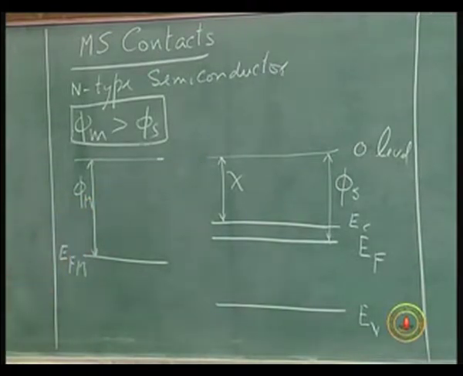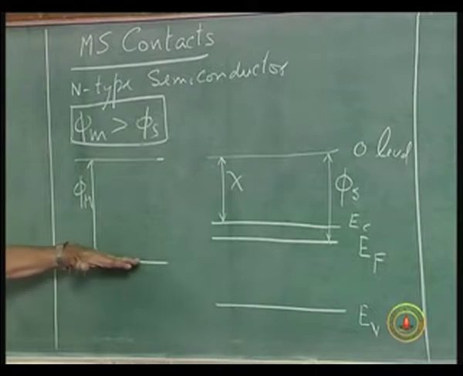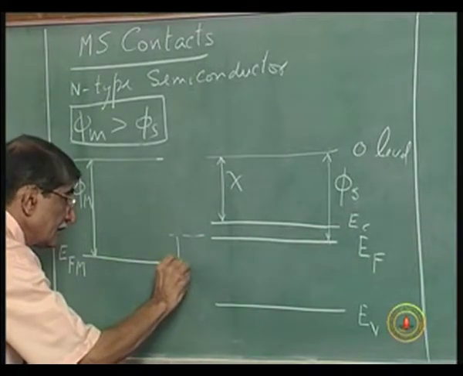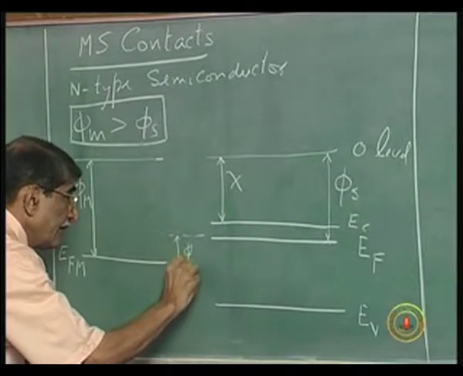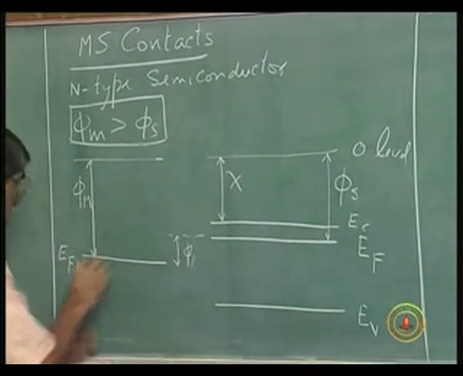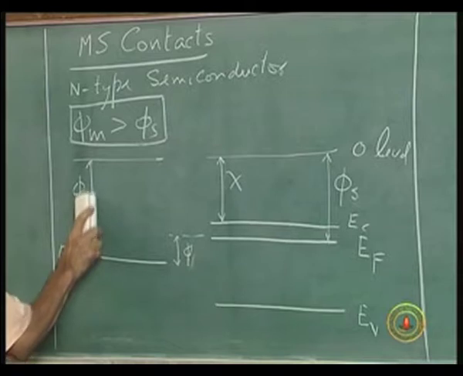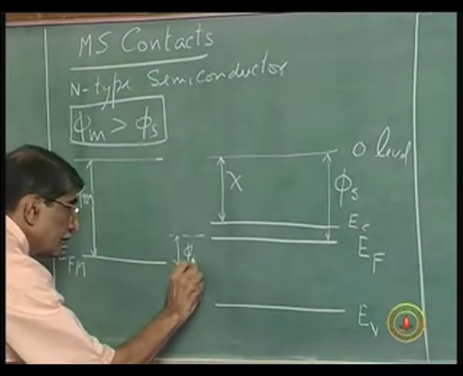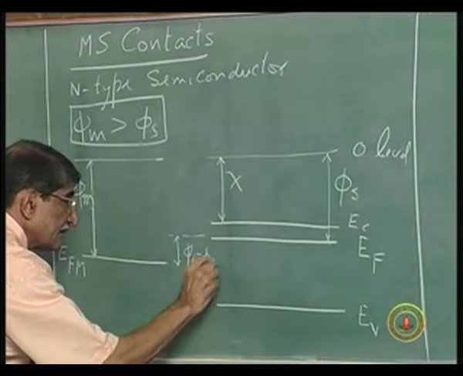Now, the point that we mentioned yesterday is, now notice this difference is phi m, let me make the symbol consistent, phi m minus phi s.